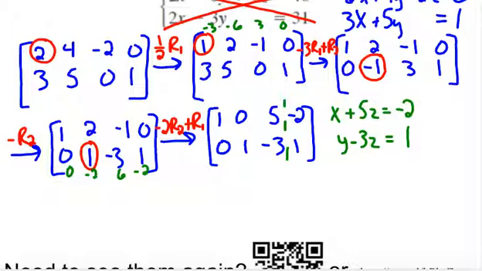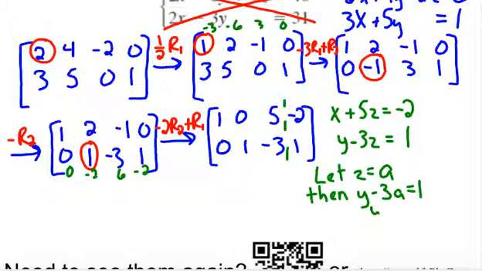Now, I told you there were infinitely many solutions to this. Do you see how x and y are very simple to solve for? I'm going to let z be any old number, a. Then y minus 3z, but remember z is the same thing as a, equals 1. And so when I solve that for y by adding 3a to both sides, I get y equals 3a plus 1.